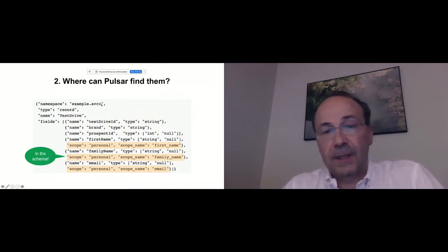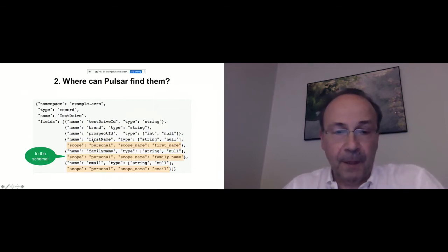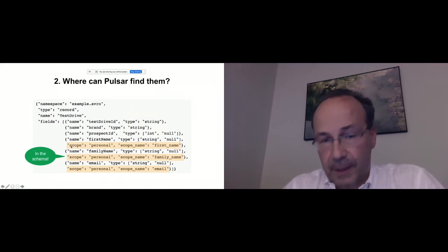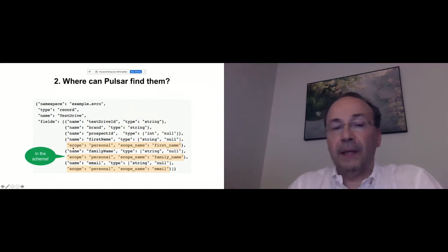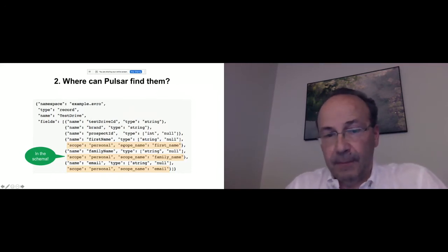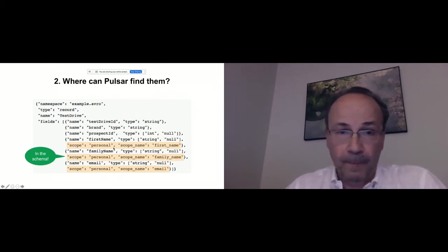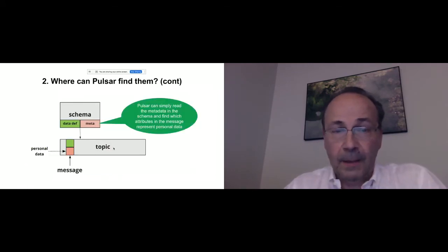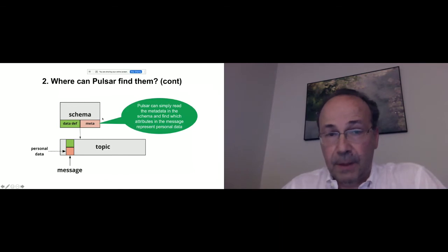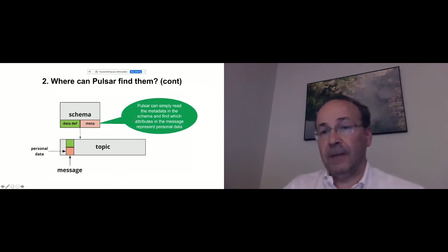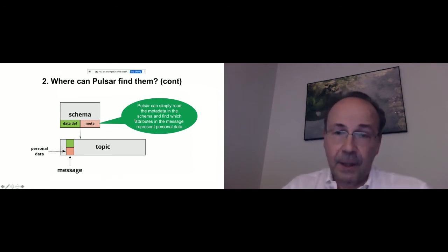If you see this example, the Avro schema, in the field definition, in the appropriate place, we can include the metadata. And Pulsar can have a look into the schema and find out the metadata, which means that Pulsar can find very easily what are the attributes that correspond to personal data that are contained in the message.